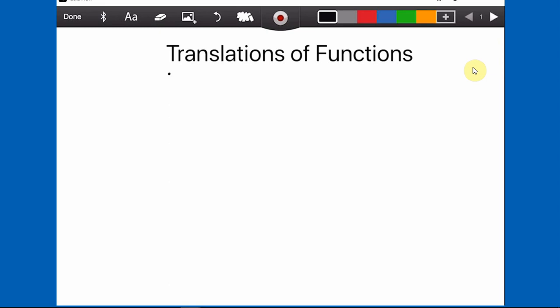All right, today we're looking at the start of the next topic, so translations of functions. We've already done a bit of translating.